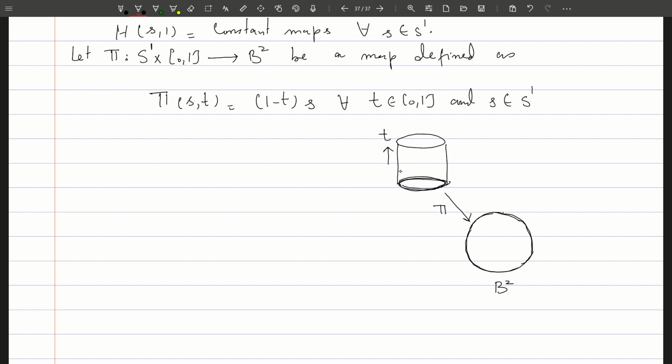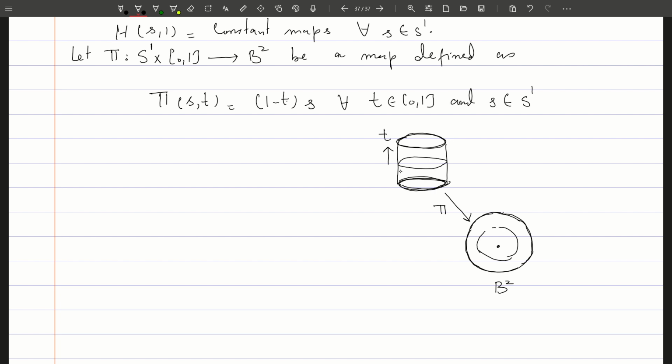When t is, suppose, half, we are giving points from this circle, so we get a circle of radius half. Finally, when we put t to be 1, that means we are giving input from this top here, then we get the point 0.